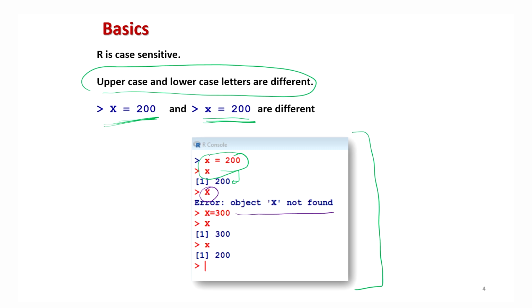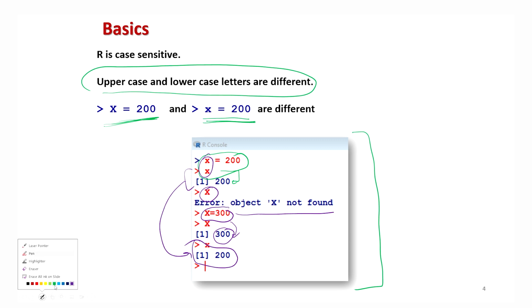Although you have given here the value of a small x, capital X is not given because R treats small x and capital X differently. And similarly, if you write down here capital X equal to 300, and if you try to see the value of capital X, this will come out to be 300, whereas the value of the small x will come out to be 200. So, this is what I mean when I say that R is case sensitive.